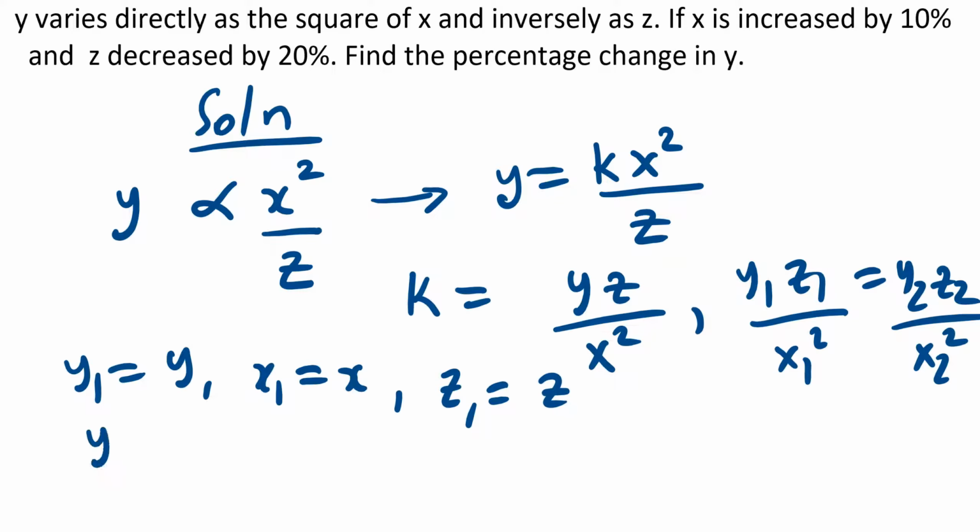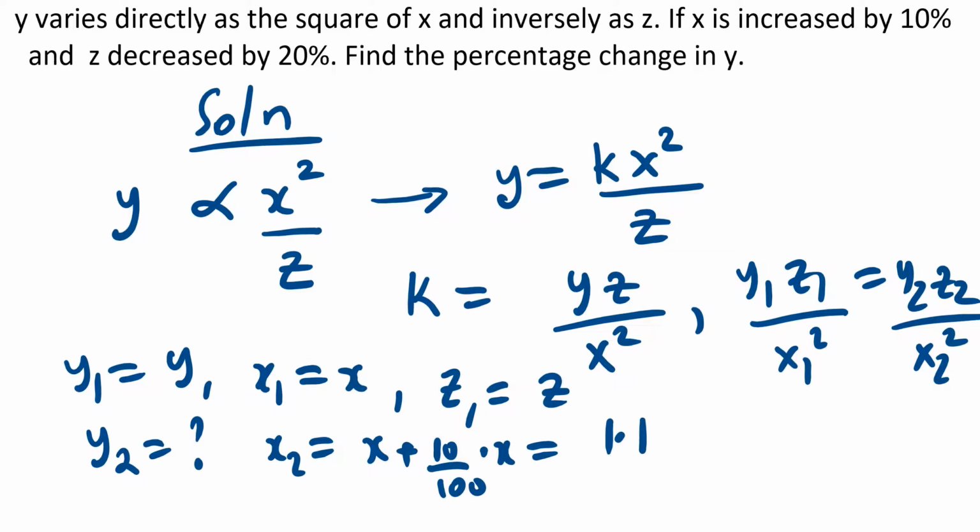So we now have to find y2 when x2 is the case when x is increased by 10%. So you take x plus 10 over 100 times x, you're going to get 1.1x. So that is x2.